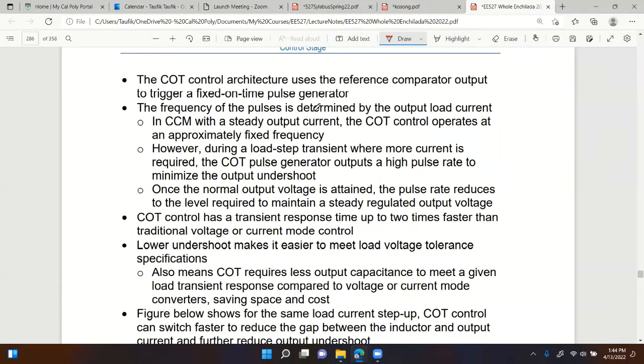The frequency of the pulses is determined by the output load current. So if the output current goes up real quickly, then of course that would correspond to a sharp drop in output voltage. A sharp drop in output voltage means it triggers the pulse quickly, and more often. That's why it says right here, I believe.